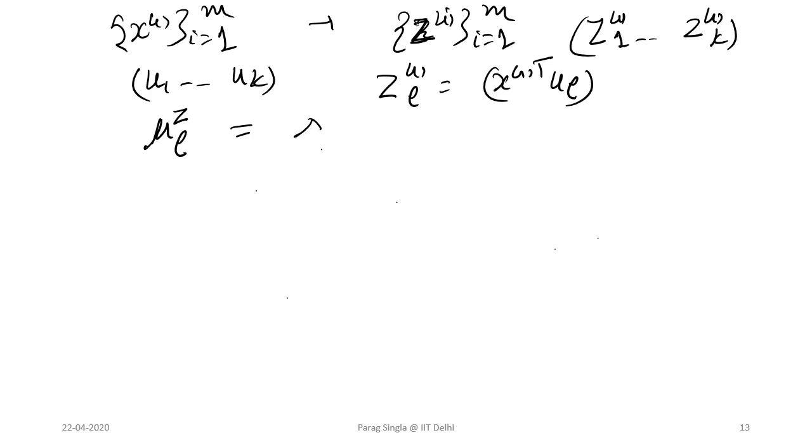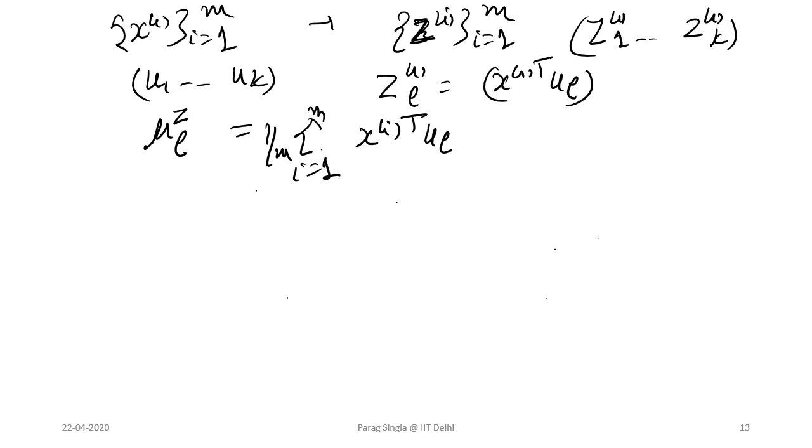This is nothing but the sum over i equal to 1 to m of 1 by m x_i transpose u_l. Note that the one on the left is mu and this is u. Anyway, we'll soon see that these mu_zl will be zero, and we can get rid of them, but let's just do this completely.